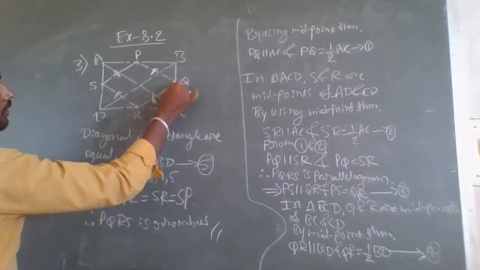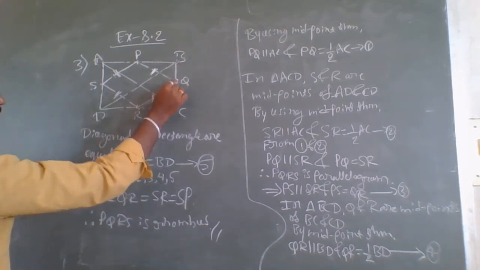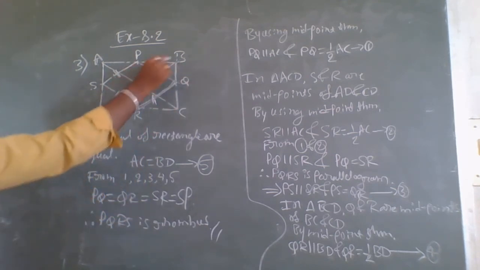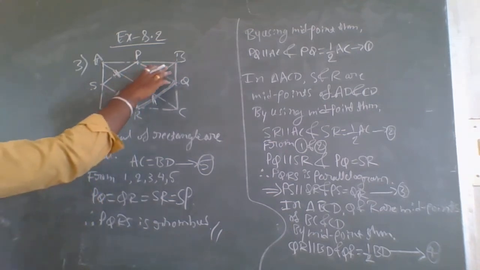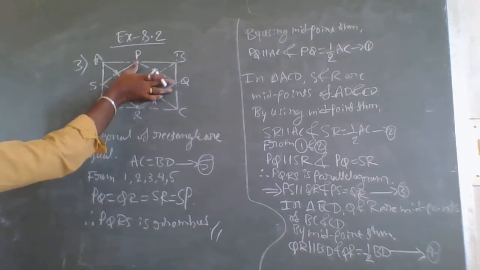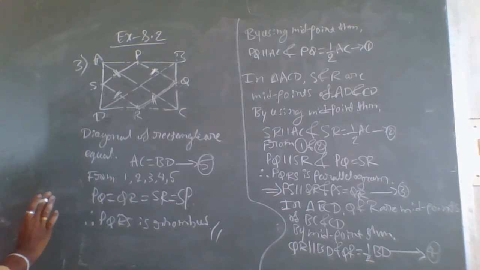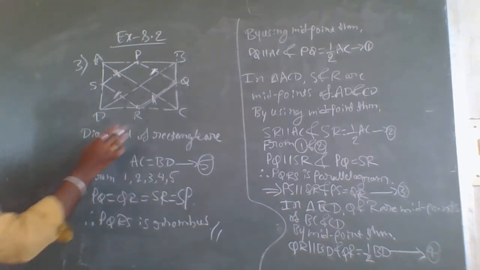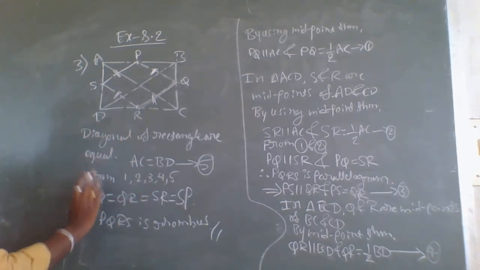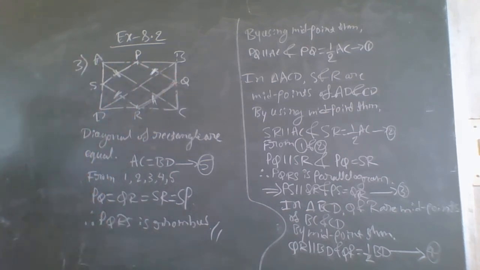Q and R are midpoints of these two sides, therefore QR is half of BD, and BD equals AC. PQ is also half of AC, and SR is half of AC. Therefore, from 1 to 5, all the sides are equal. Therefore, PQRS is a rhombus. I hope you are all clear with this problem.